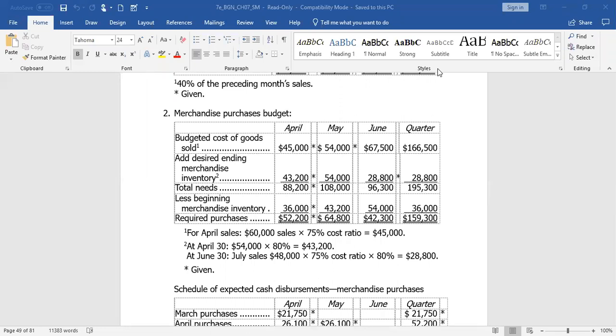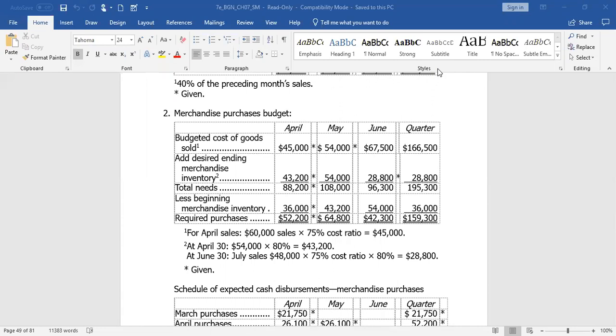In item A, they tell us gross margin is 25%. So when you take sales of 100%, you subtract the percentage for cost of goods sold that would give you a 25% gross profit margin, and that would be 75%.